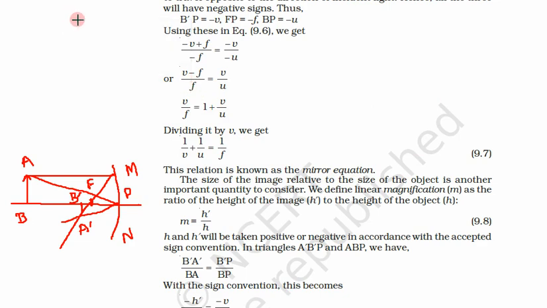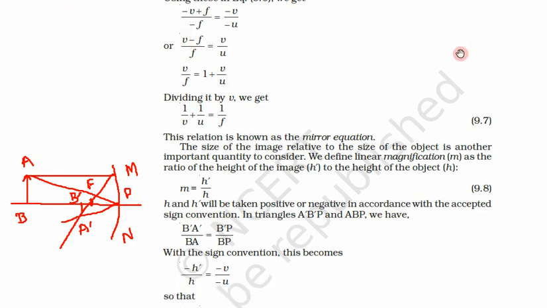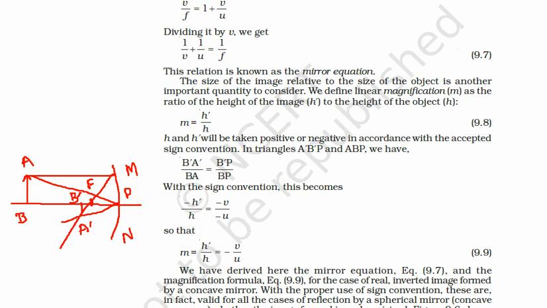But there is one more important quantity. Let us see what that quantity is. The size of the image relative to the size of the object is another important quantity. What is the meaning of this? It means whether the image is of the same size as the object, whether the image is smaller or the image is larger.